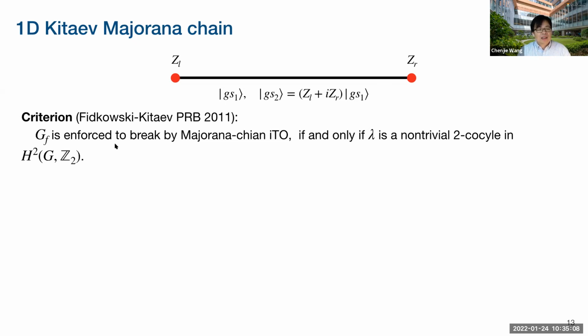So the claim is that for a general finite group G_F, let me focus on a finite group at this moment, not a continuous group. Any finite group G_F is enforced to break by this Majorana chain if and only if this lambda that I was saying is non-trivial. Non-trivial in the sense that it's not a direct product of G and the fermion parity Z2F.